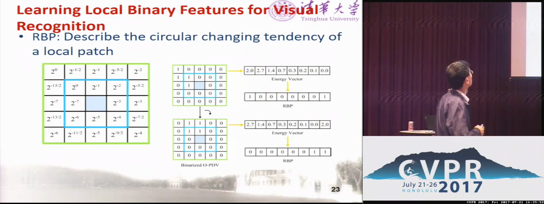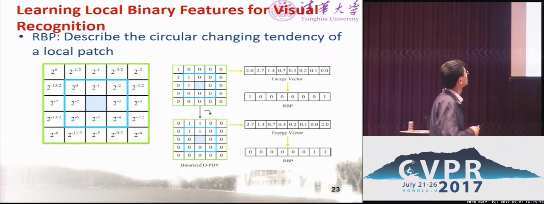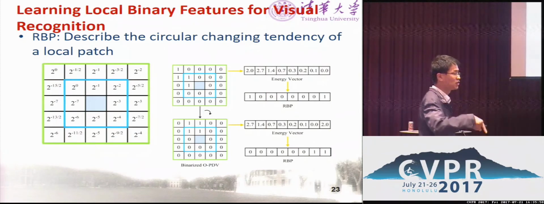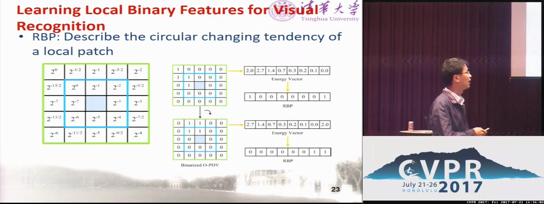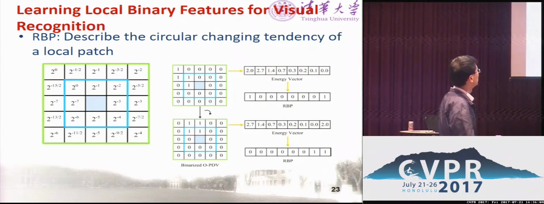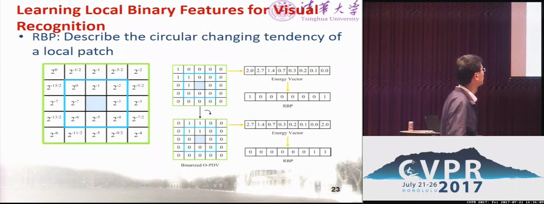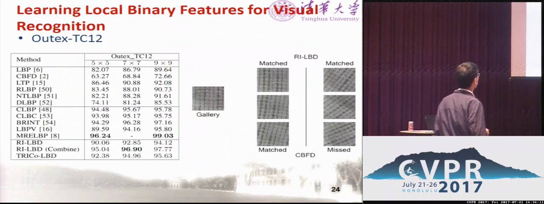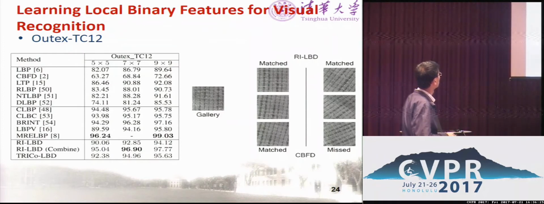We propose a term, rotation binary patterns, describing the rotation change of the sampled patch and the expected learned patch, and then this will make the learned binary code more discriminative. Our method achieves very powerful performance compared with the previous methods.